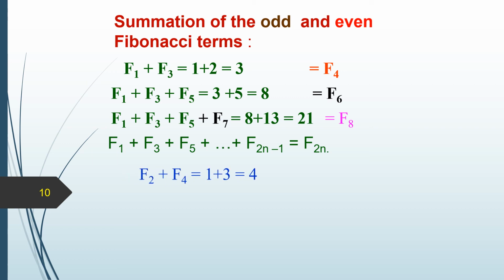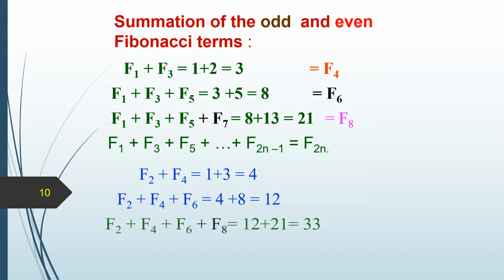When we do even Fibonacci terms, summation of even Fibonacci terms, f2 plus f4 is 1 plus 3, 4, which is not a Fibonacci number. f2 plus f4 plus f6 is 12, again not a Fibonacci number. f2 plus f4 plus f6 plus f8 is equal to 33.